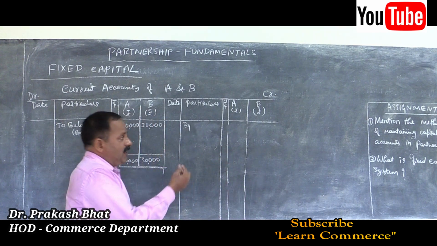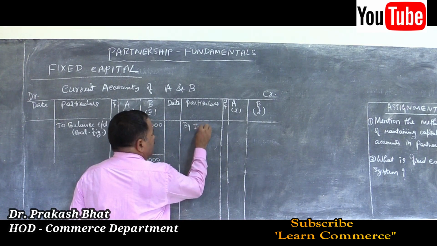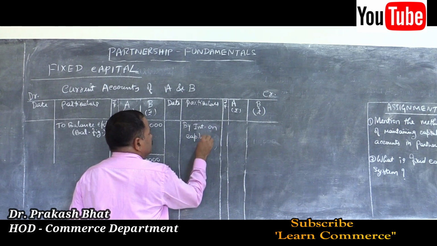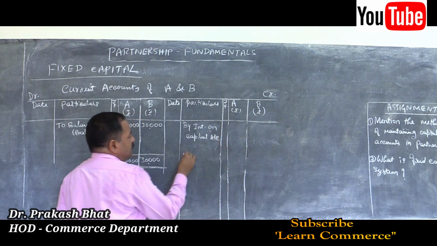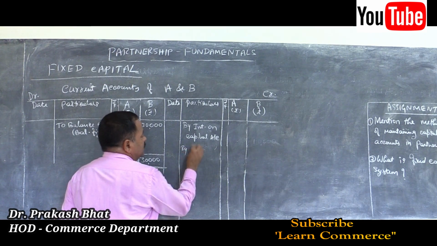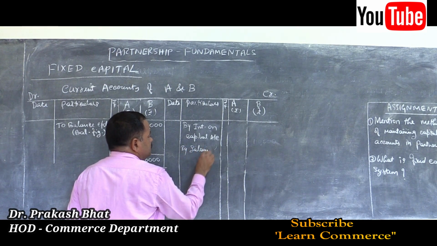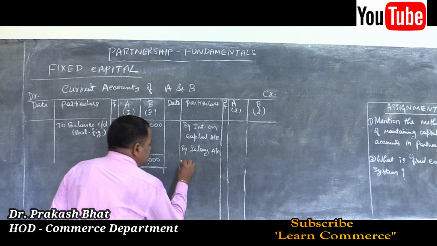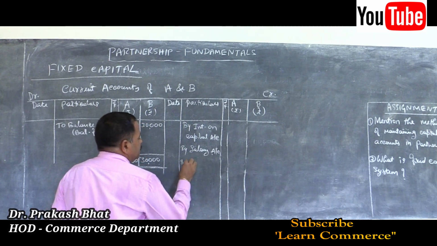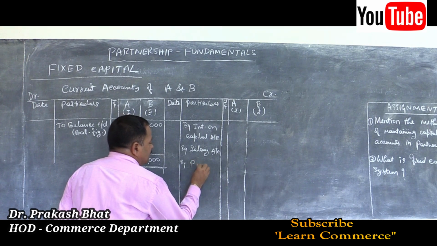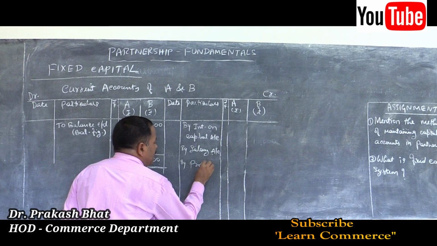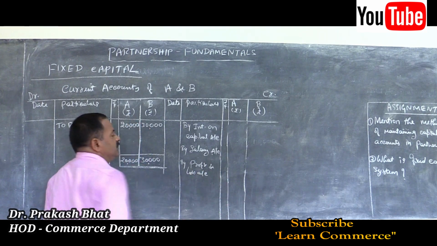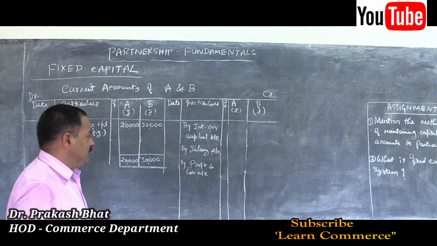So it should be recorded on the credit side. Make the entries, that is, the amounts which are payable to the partners. We can take examples like interest on capital account. Then the second one we can take as salaries account. Then the third one, profit and loss account, any profits payable to the partner.